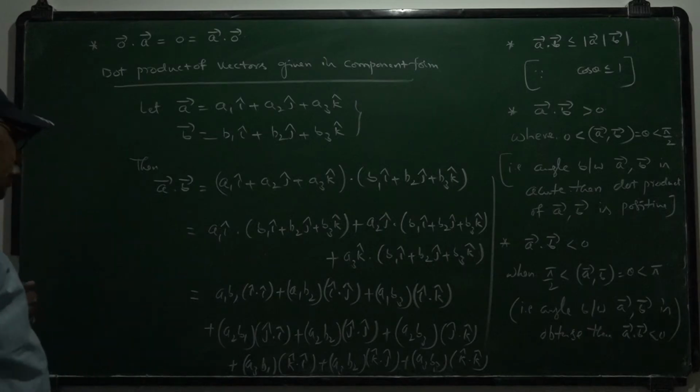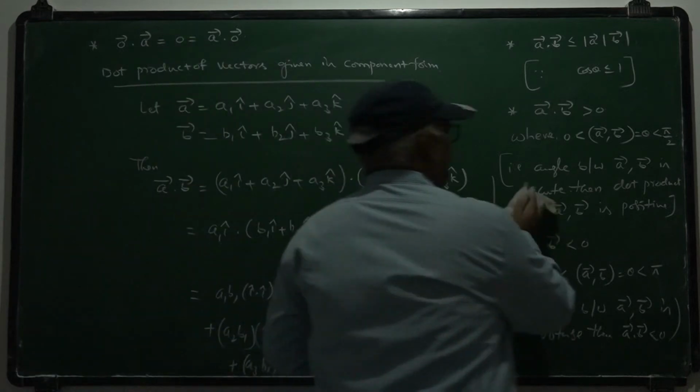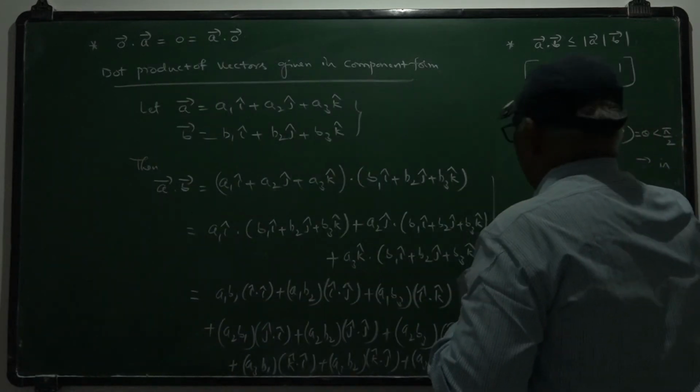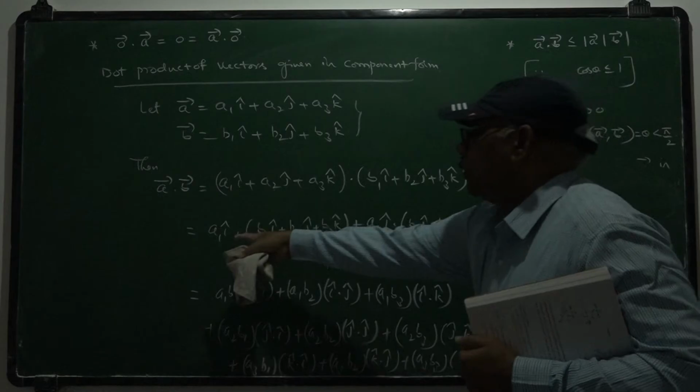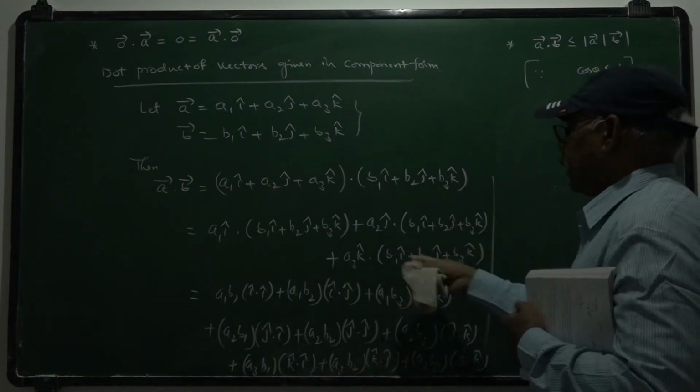Just the distributive law follows. By the distributive law of the dot product, I am distributing i to these vectors, j to these vectors, and k to these vectors.